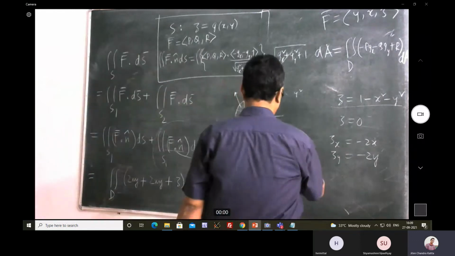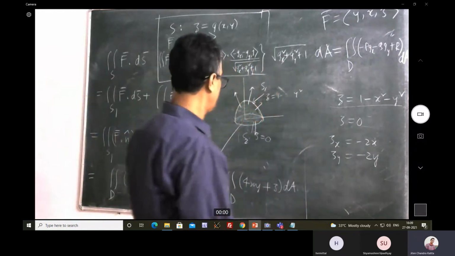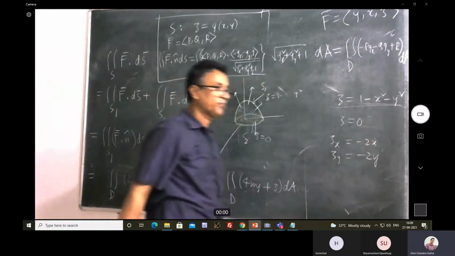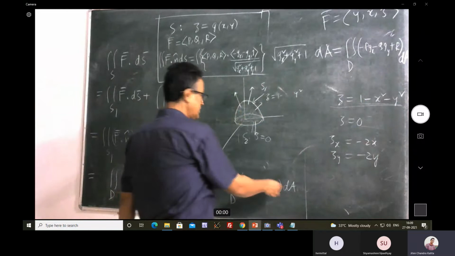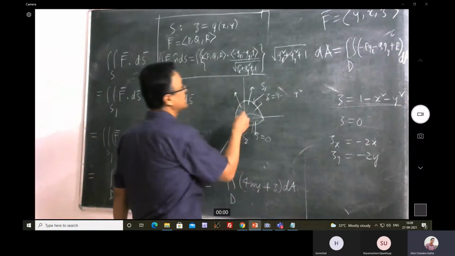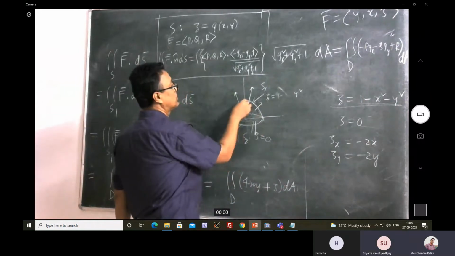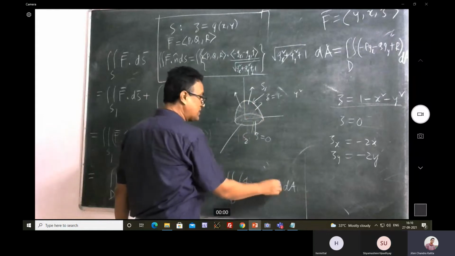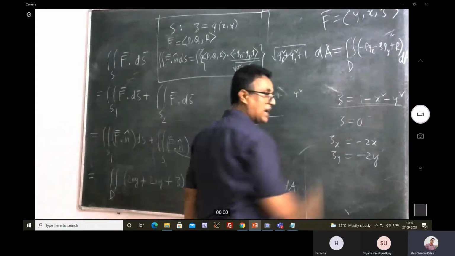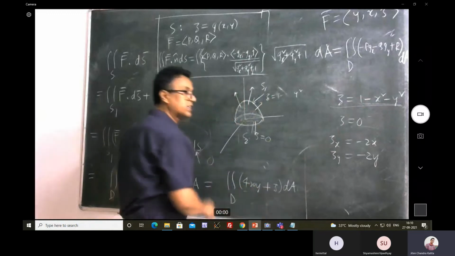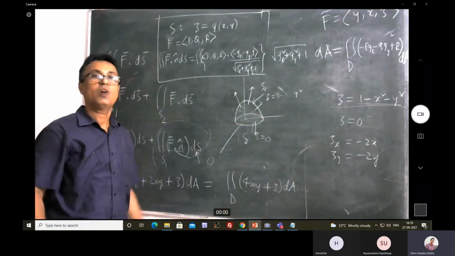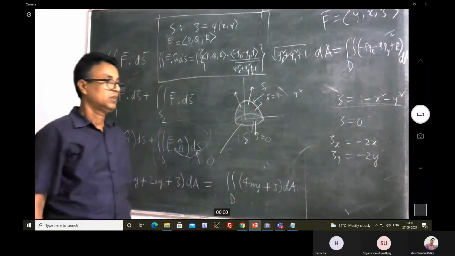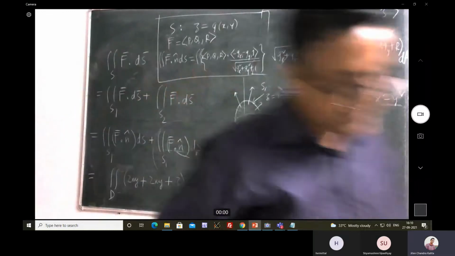Now for z, you simply substitute this. And what is D here? This D is just this disk. Once you substitute z in terms of x and y, you convert it into polar coordinates. You already know how to work it out, so you can easily find this out.